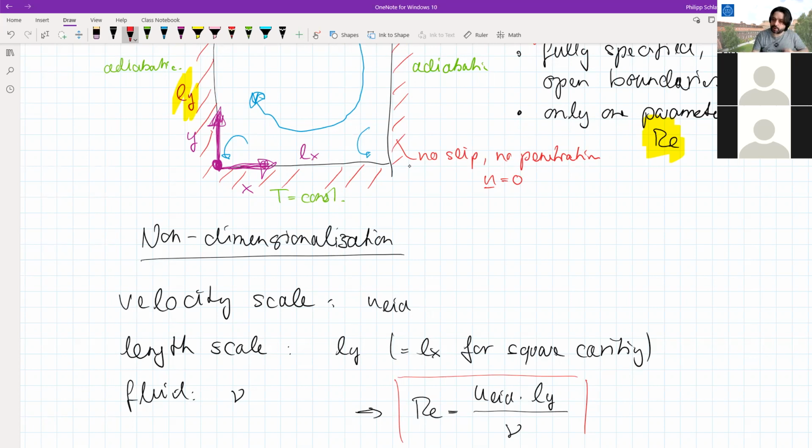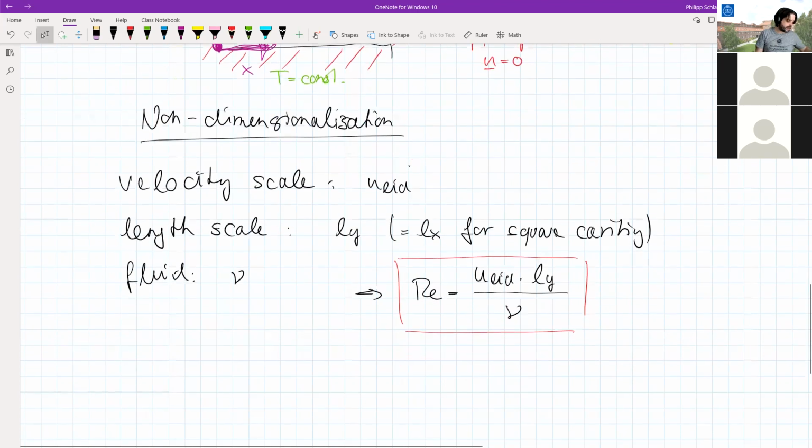And that is the power of non-dimensionalization: I'm removing all the things that are not relevant, that is essentially the specific scales, and I'm reducing everything to just having the relevant dynamic scales present in the final equations. So with those velocity and length scales, I can now write my non-dimensional equations.